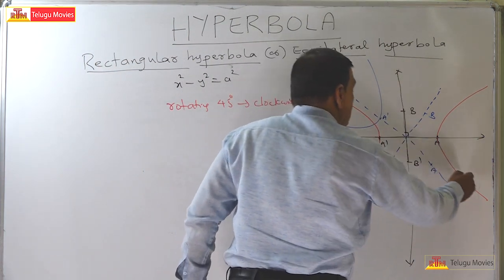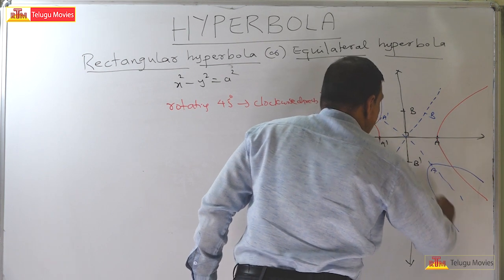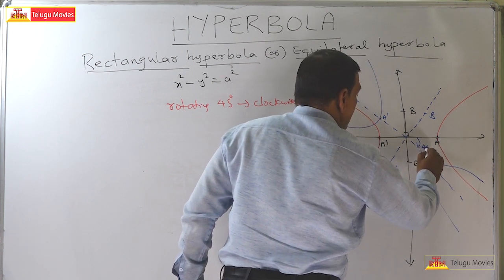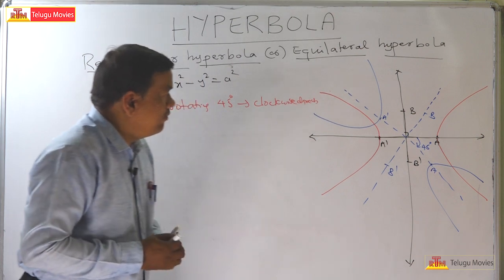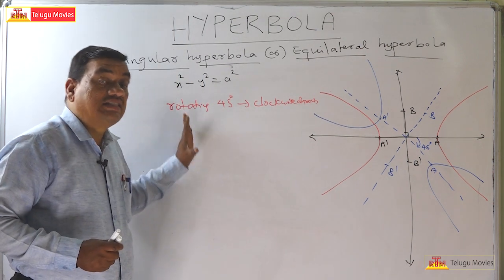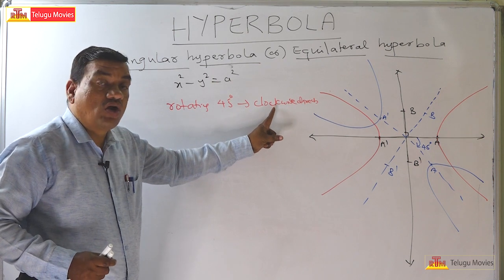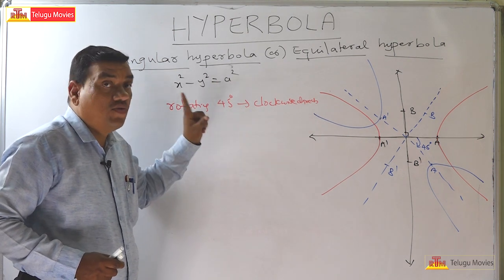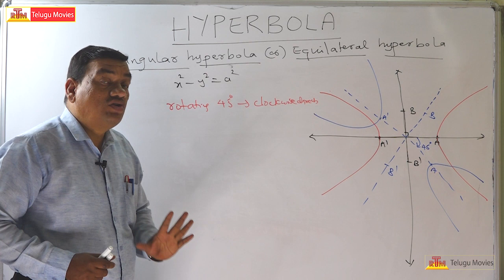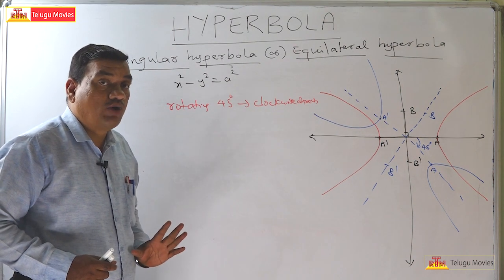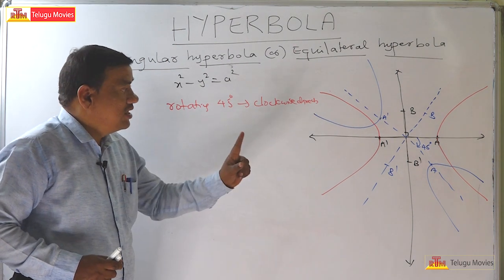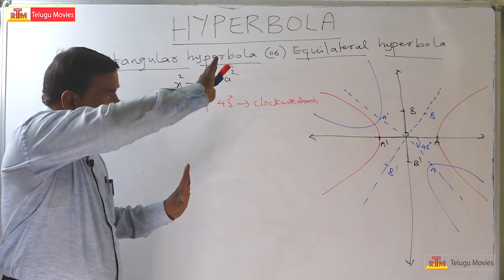See, here I rotated both the transverse axis and the conjugate axis in the clockwise direction by 45 degrees, without changing the position of the center of the hyperbola.